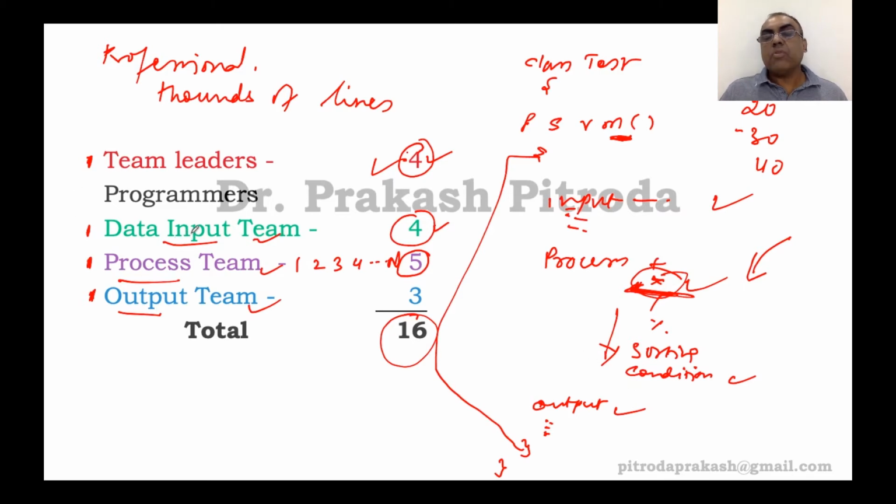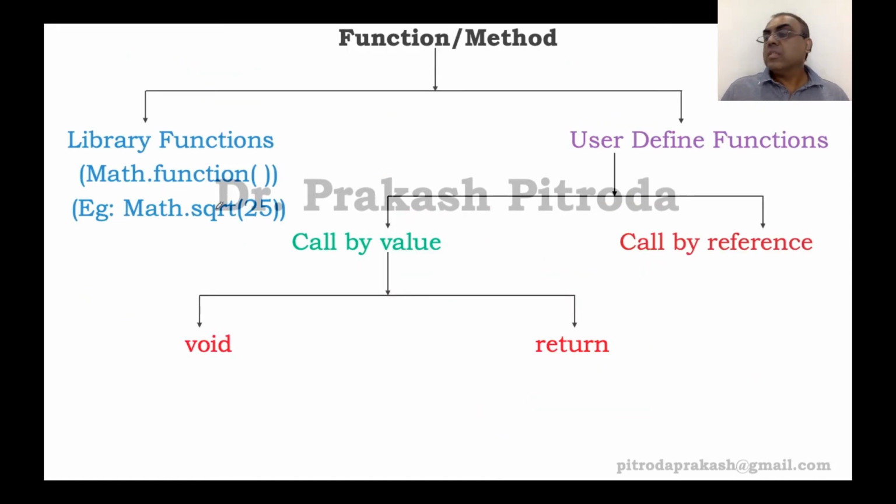Now, these tasks are known as functions. So, let us understand further. Functions are further divided. We know function is a task, or a process. We have already seen. Now, if you look at your library, your functions are divided into library functions and user defined functions. When I say library functions, we've already done these Math functions.